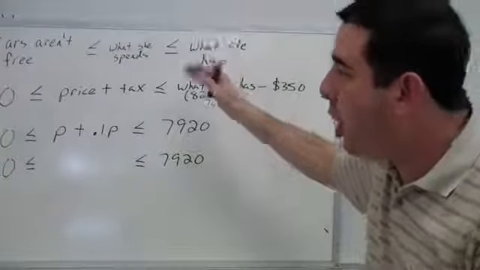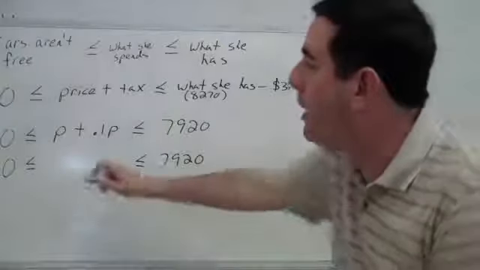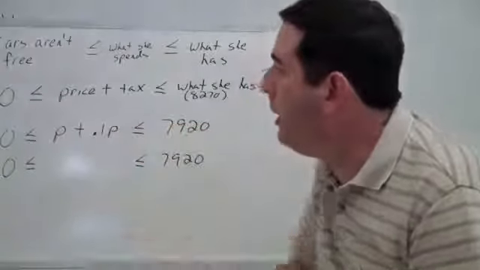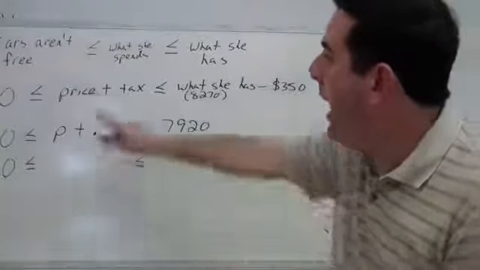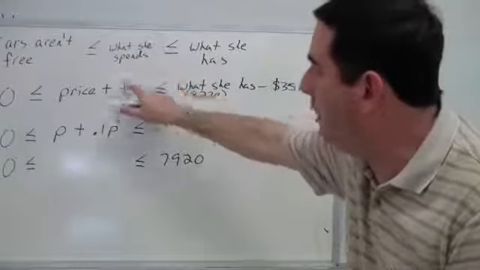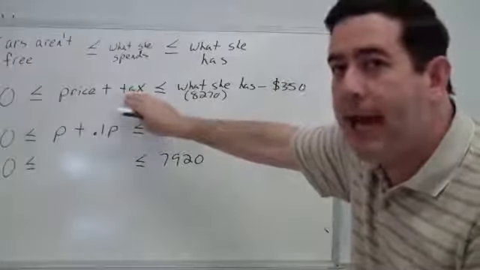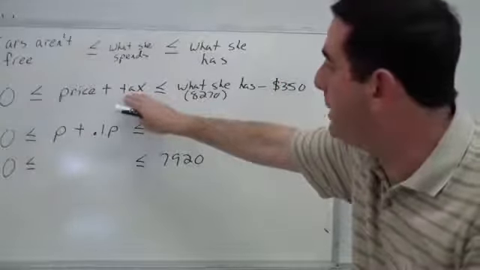So now to start working on getting our inequality, we know 0 is the lowest value it could be, and the price plus the tax will be what she spends. Whatever the price was, plus the tax is the total amount that she spends.